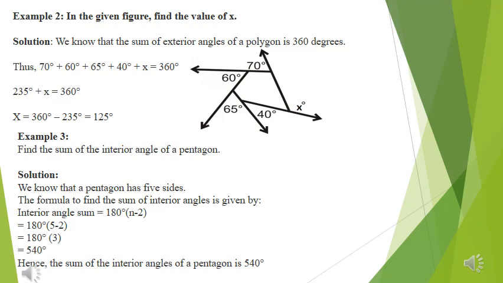When we put the number of sides in this formula, we get the sum of the interior angles. A pentagon is a five-sided polygon, so instead of n, we put 5. So 5 minus 2 is equal to 3, and 180 into 3 is equal to 540. Hence, the sum of the interior angles of a pentagon is 540 degrees.